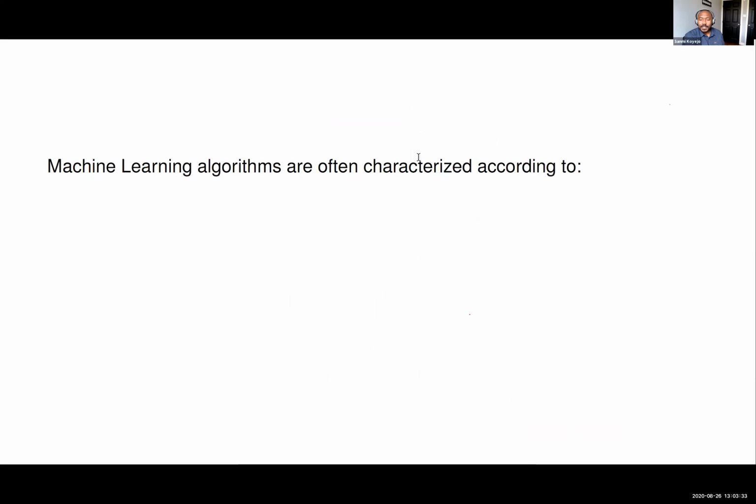So we're going to switch gears a bit from talking about the basic design of a simple machine learning algorithm to talk about how we try to categorize or classify or reason about what machine learning is. So there are many kinds of machine learning in the world, and often people try to categorize based on these kinds. I think one of the most popular ways of categorizing machine learning is in terms of whether there is a label or not a label.